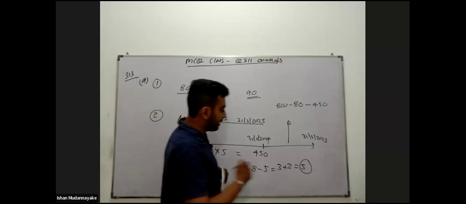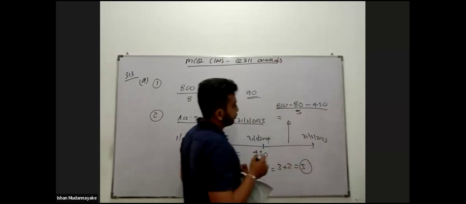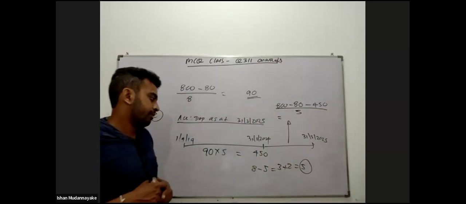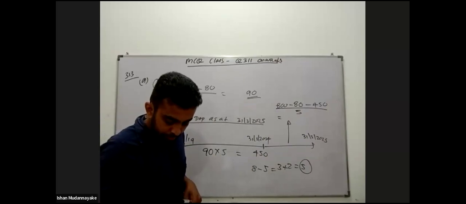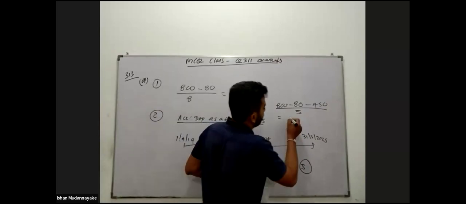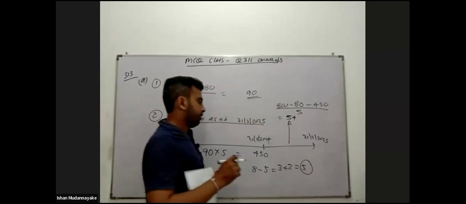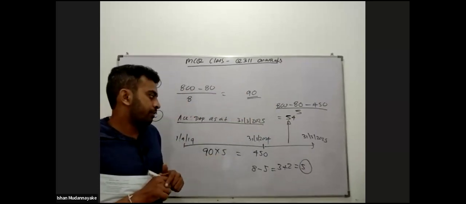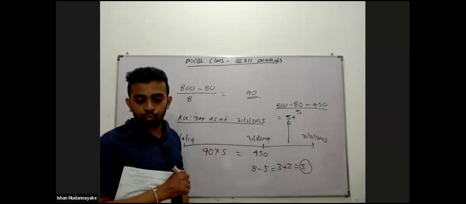Then 270 divided by the remaining useful lifetime of 5 years is 54. Depreciation for the 2024-25 financial year is 54.